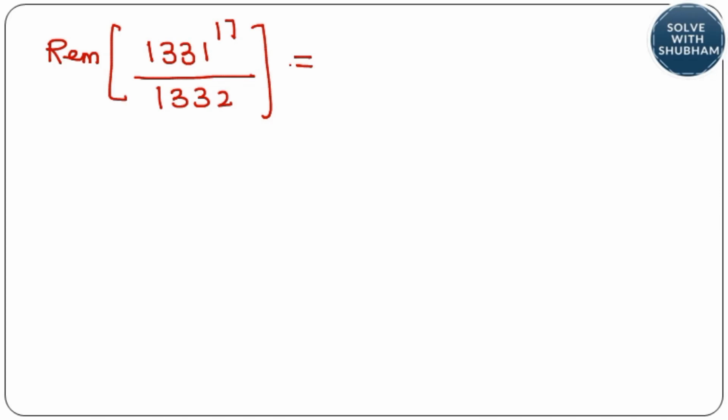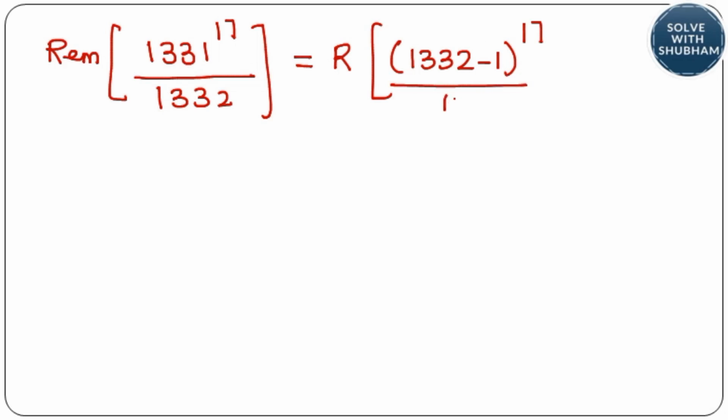How are we getting this? We are getting this by the concept of binomial expansion. How? Remainder, we can write it in this format.